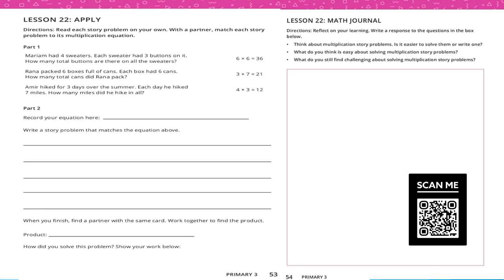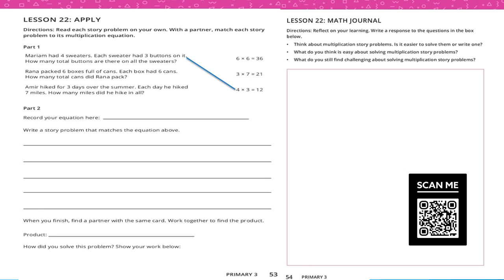How many total buttons in all sweaters? We will multiply 4 times 3 equal what? 12. Yes. So we will connect it to 4 times 3.